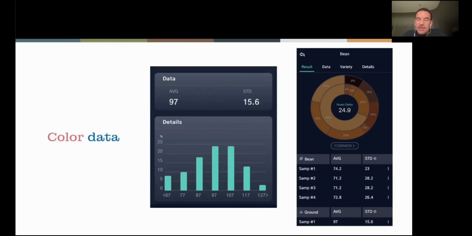And on the left, you have this bar graph that tells you approximately what percentage of the bean mass was in each color range. This is quite useful information because ideally you want to hit a certain average color, and depending on the flavor profile you're looking for, you might prefer a slightly lower or higher standard deviation.